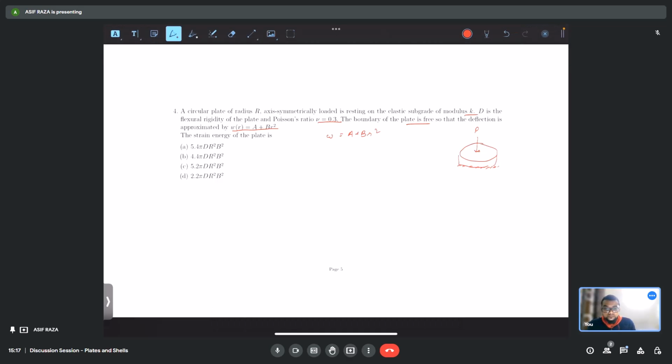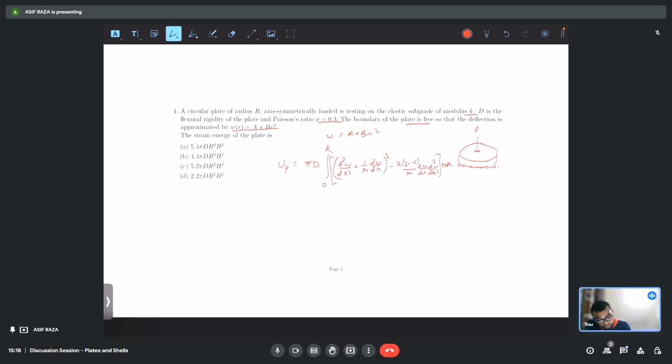You know, the strain energy of the plate is given by the relation pi D integral from 0 to capital R of d square w by dr square plus 1 by r dw by dr, whole square, minus 2 into 1 minus nu upon r dw by dr into the second derivative of this, integrated with respect to dr.